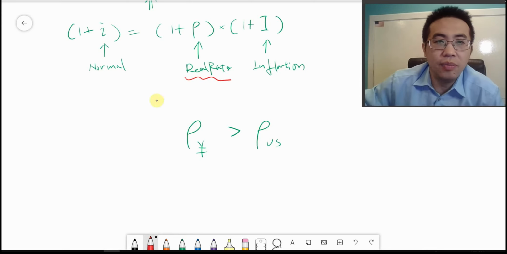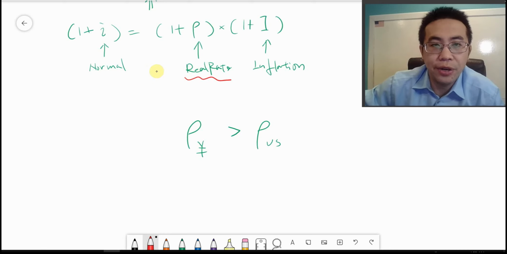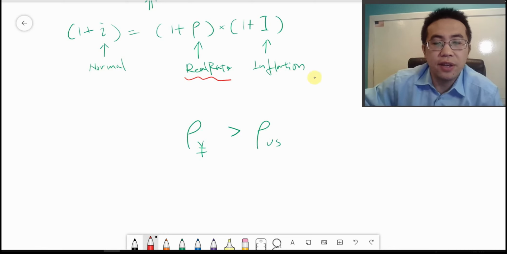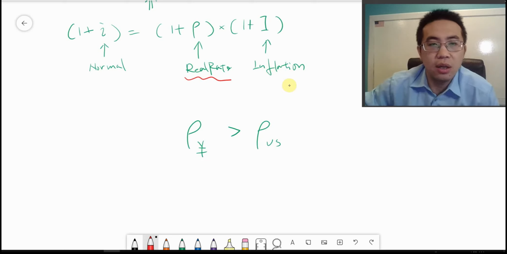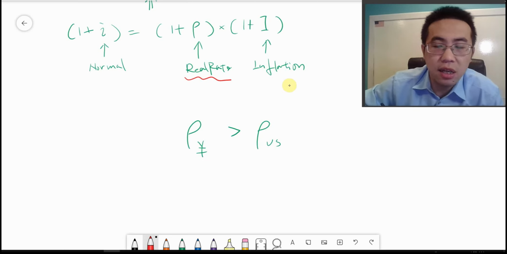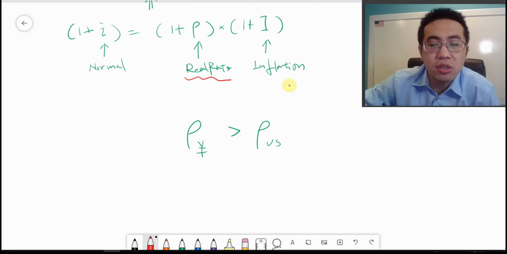Because inflation is something we don't want, and it could eat up our nominal return. So when we count how much better off we are, we use the nominal return minus the inflation. So we are focusing on the real rate. That's number one.